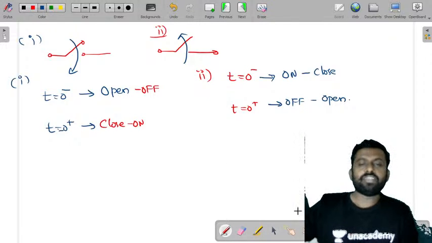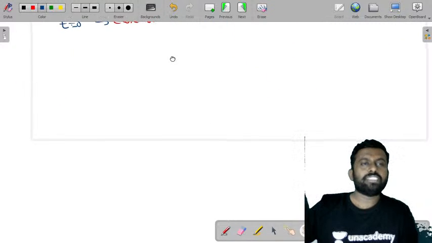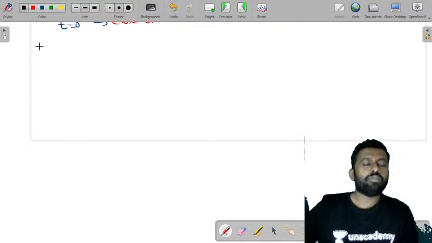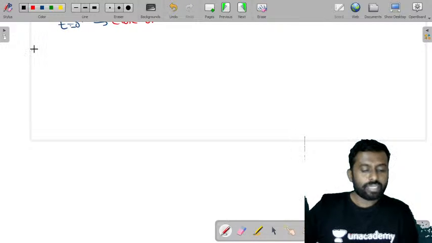Right? So let us try to analyze some problems. Let us consider two or three problems and try to solve those circuits and see what the initial conditions given are.